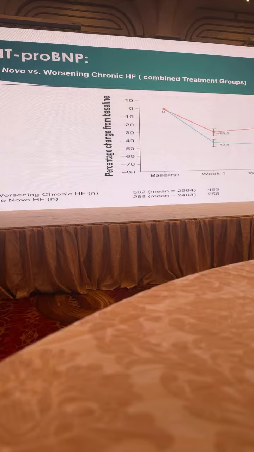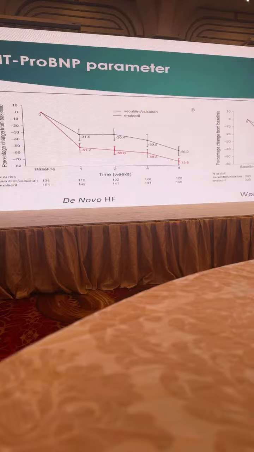You can see here very clearly the effect of Entresto therapy is very magic when you compare de novo versus chronic. Second important thing, sacubitril/valsartan in de novo and worsening chronic heart failure: you can see the differences. It is more difficult to treat the patient than de novo. This is an important message actually, right?